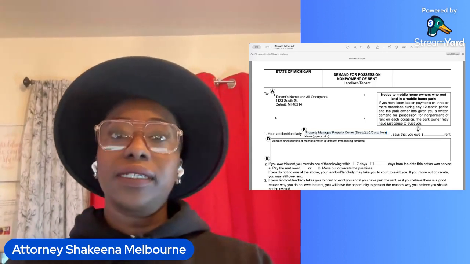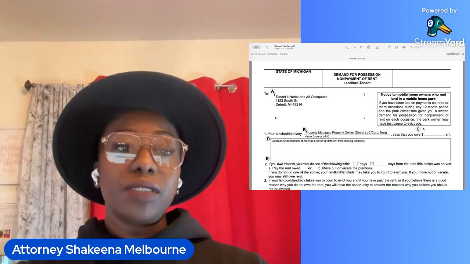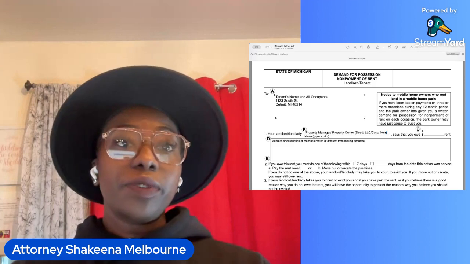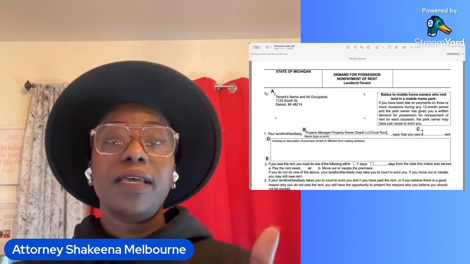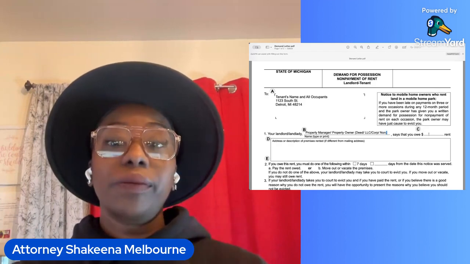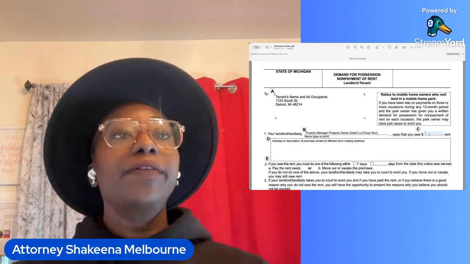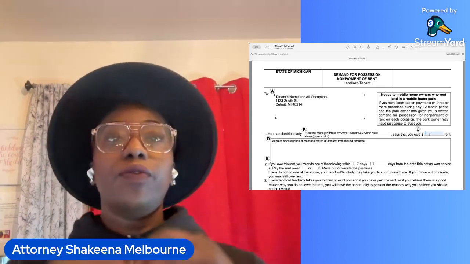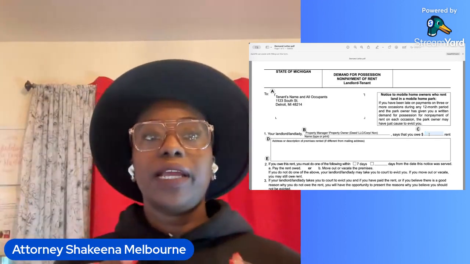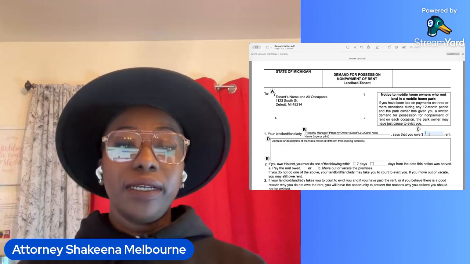Next, we're going to look at subsection C. As you see, the demand letter has these little small sections to give you an opportunity to know one step at a time what you should be doing to properly fill out this form. We're looking at how much rent is due. So if you have a rent ledger or a form you're filling out to figure out how much the tenant actually owes, then you want to put that amount in here.